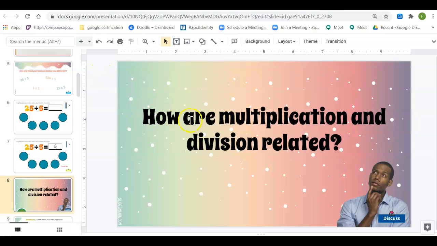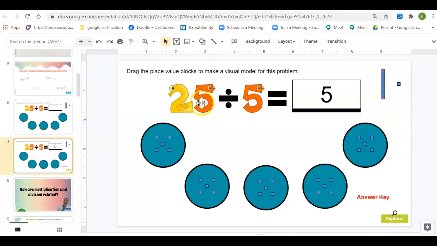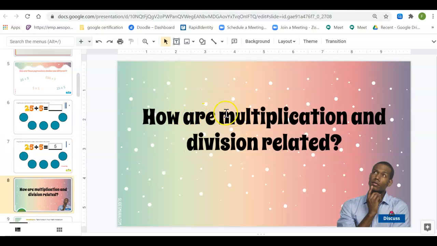So on our next slide, I've got a question: how are multiplication and division related? So if we look at 25 divided by 5, that's going to be a division problem, okay? And multiplication and division are what we call inverse operations.